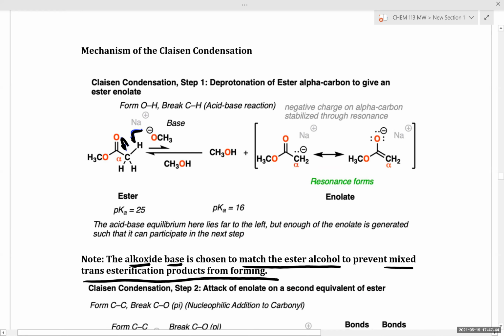If you use a different alkoxide equivalent, you're going to take the NMR, and you're going to see 5 different peaks for 5 different compounds from all the transesterification products, and it creates unnecessary headaches. So you're better off using the same alkoxide as your ester alcohol to minimize undesired transesterification products.